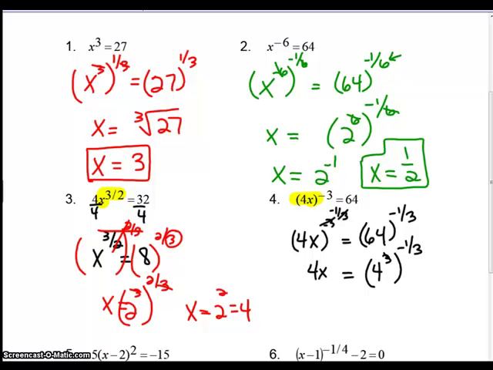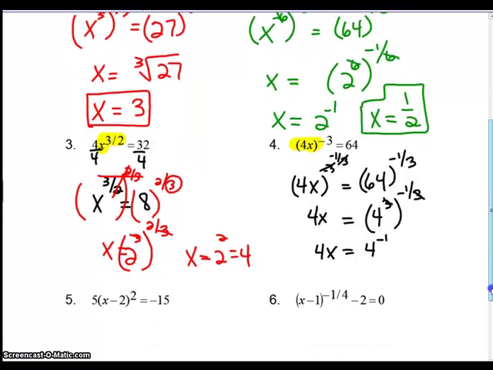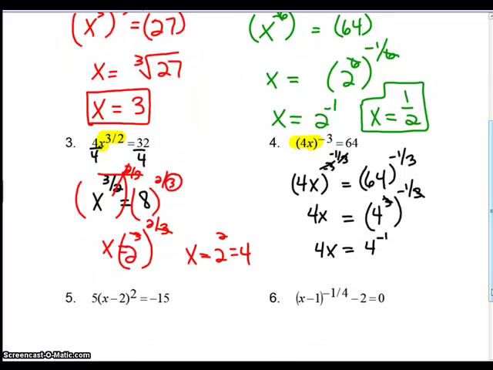So the 3's cancel. 4x is equal to 4 to the negative 1 power. 4 to the negative 1 power is 1 over 4. And if we're going to solve for x here, then we need to divide by 4. So x is equal to 1 over 16.